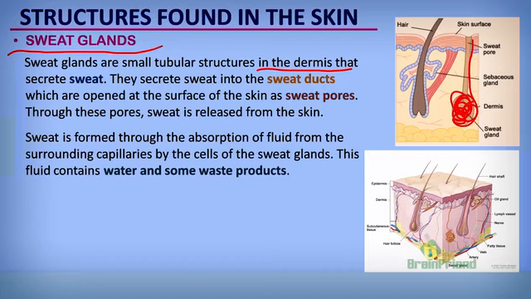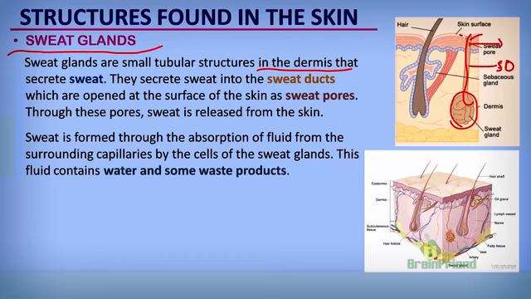So they secrete sweat on the skin through the sweat ducts. We have the sweat glands deep in the dermis, and we have the tube that transports the secretion to the external surface of the skin, which is called the sweat duct. We can use SD for sweat duct. The sweat duct opens to the surface of the skin through the sweat pore.